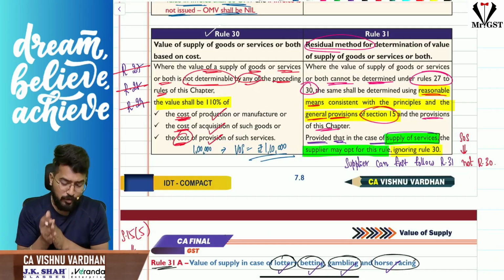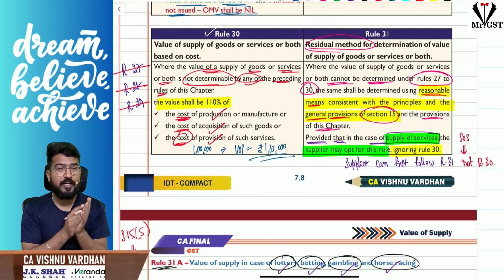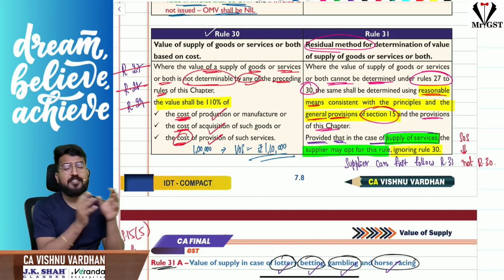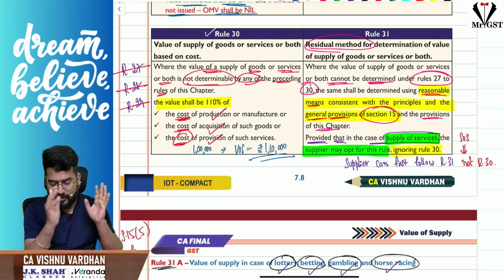So the next, rule 30, sir. When is rule 30 applicable? When rules 27, 28, 29 are not able to help you, then rule 30 is applicable. Rule 30 says, see what is your cost of production or cost of acquisition or cost of provision of such services or goods, whatever it is. In that case, 110% of that cost will be taken as value of supply. That is rule 30.